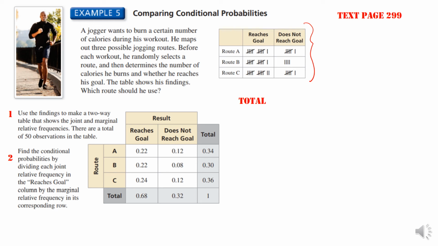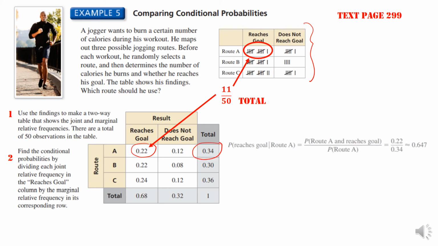What he's going to do is use the findings to make a two-way table that shows the joint and marginal relative frequencies. So this is what he does. He takes each one of these, there were 50 outcomes, and he calculates the joint and marginal relative frequencies. Then he found the conditional probabilities by dividing each joint relative frequency in the column by the marginal relative frequency in its corresponding row.